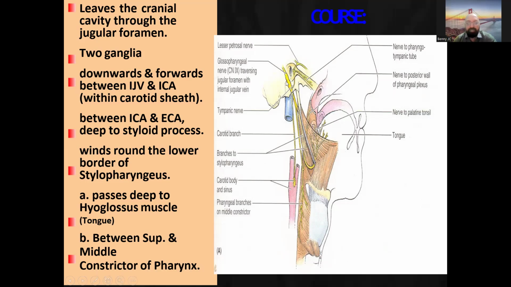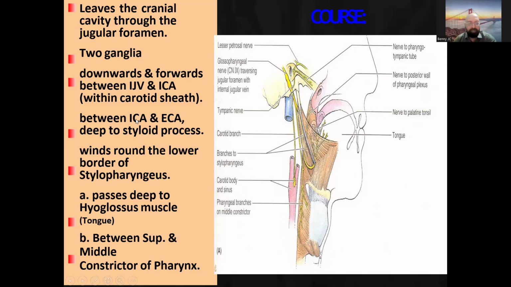And this part we may see traveling in the carotid sheath. So the glossopharyngeal nerve, for a very short distance, may be seen in the uppermost part of the carotid sheath, along with the internal jugular vein and internal carotid artery, most probably in between these two structures, along with the vagus nerve and even the spinal accessory nerve in the uppermost part. But then it has to exit the carotid sheath.